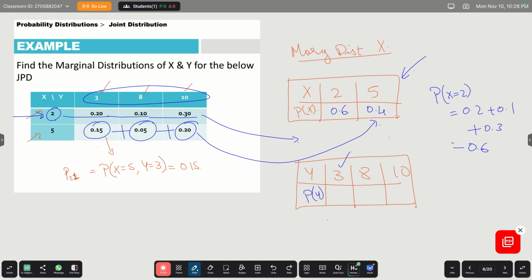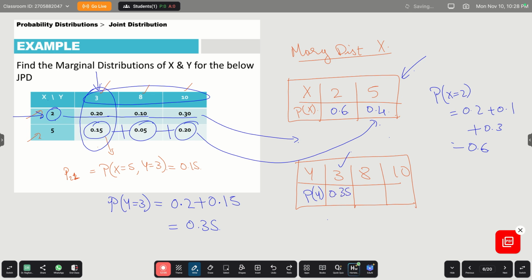So what is the probability that y takes the value 3? 3 is given in the first column. You can observe in the table the first column. The first probability is 0.2 and the second probability is 0.15. So in total it is 0.35.